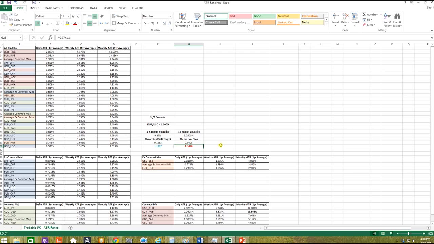Now, if we did the opposite of being ill-disciplined and we wanted to be ultra-disciplined and said, well, why don't we have a stop of 131? Well, it just means we can be stopped out very, very quickly.